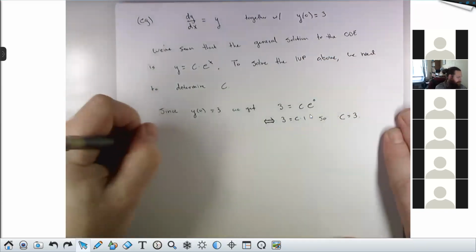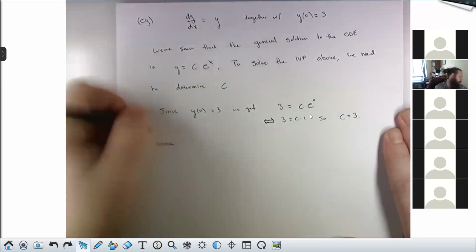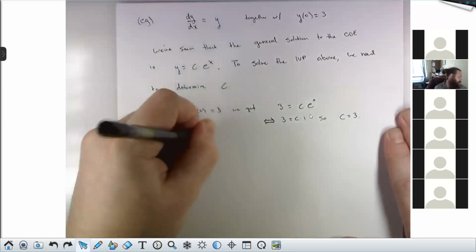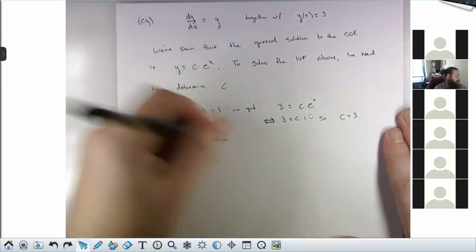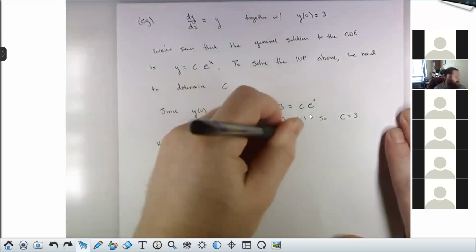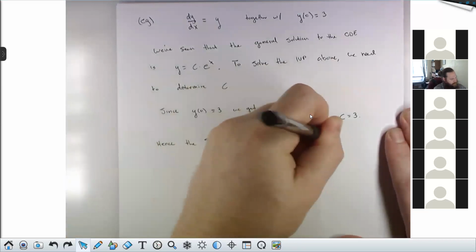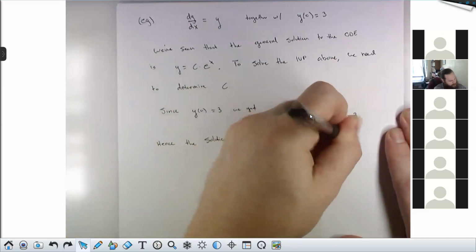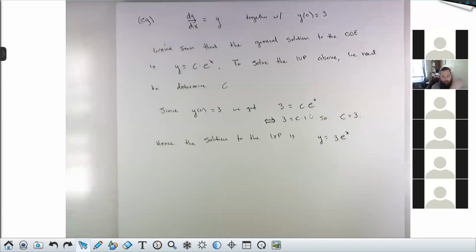Hence, the solution to the IVP is y equals 3 e to the x. Any questions on what we just did there?